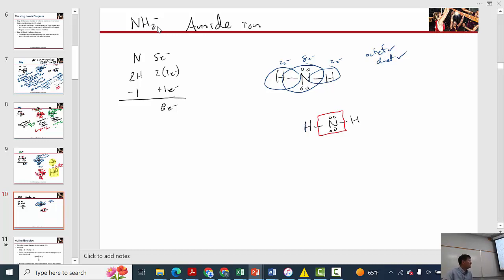That means nitrogen ends up with how many electrons here? 6 electrons. And hydrogen ends up with 1 electron each.